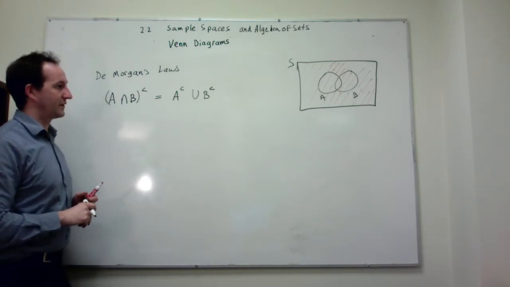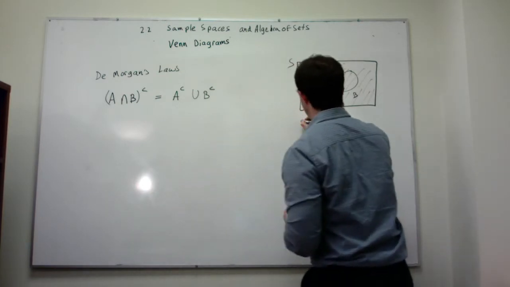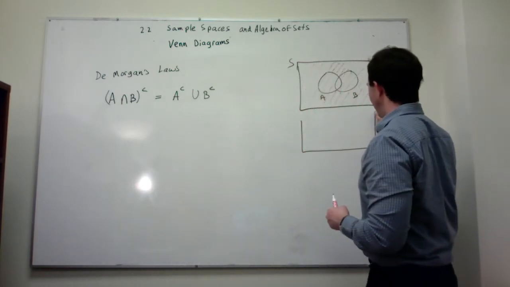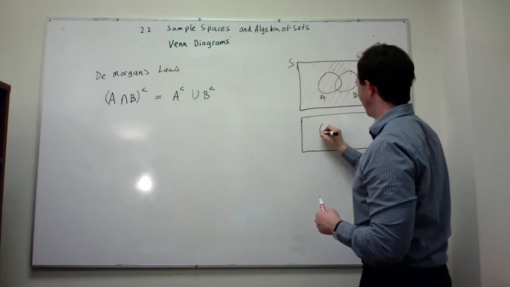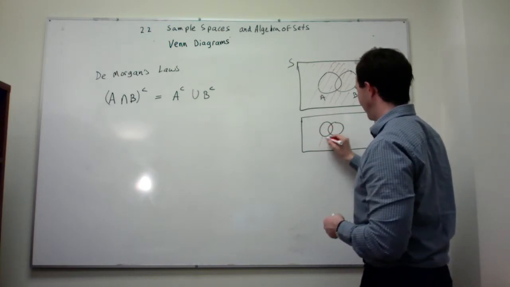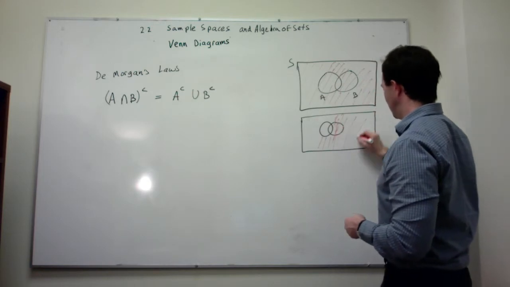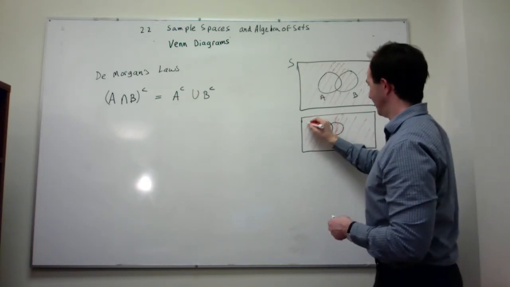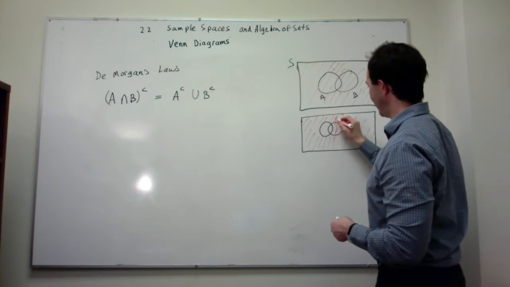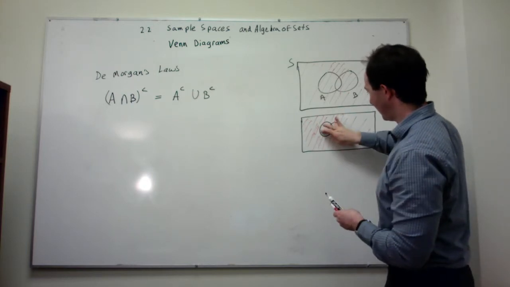So we have this statement about set theory. Maybe now I should draw these out more explicitly. So this set here, I'm shading everything that is outside of A. That set is A complement.